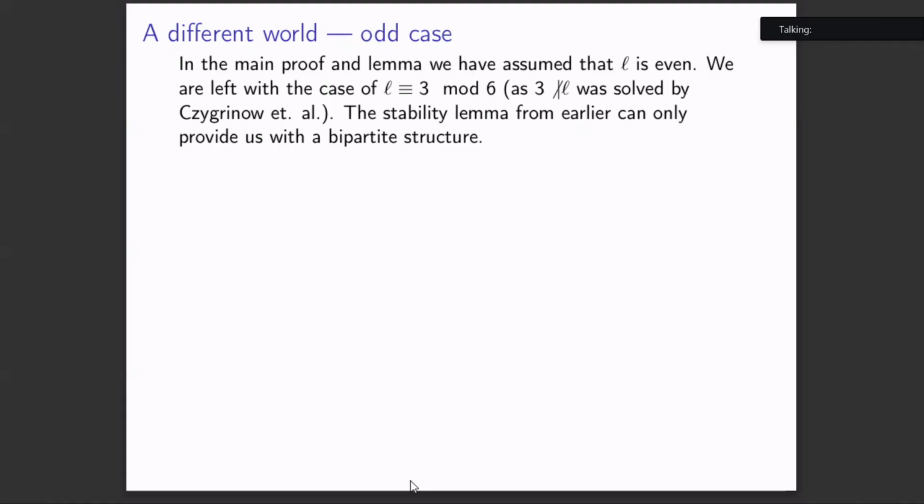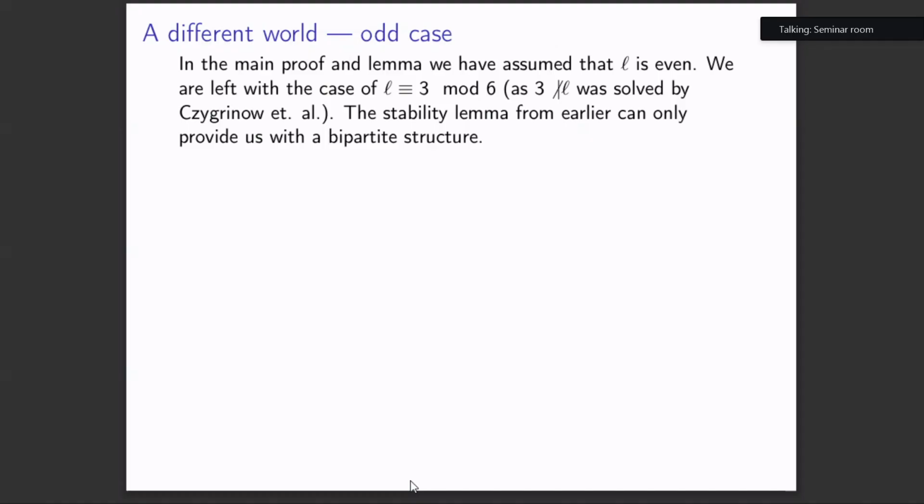So I will say a very few words about the odd case and the special cases, but this was the main proof we have done. So about the odd case, what's different is, well, we assume that we are left with the case that L is 3 modulo 6, because 3 not dividing L was solved by Jagiellonian, right?